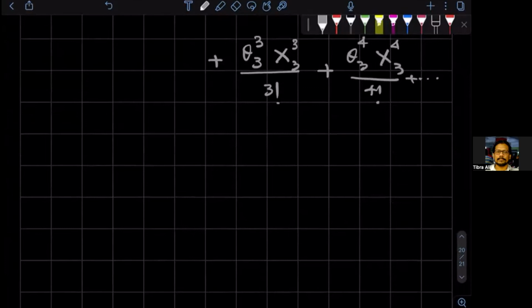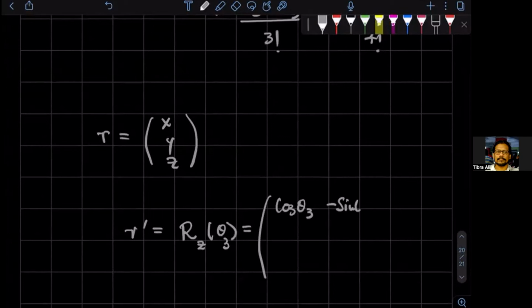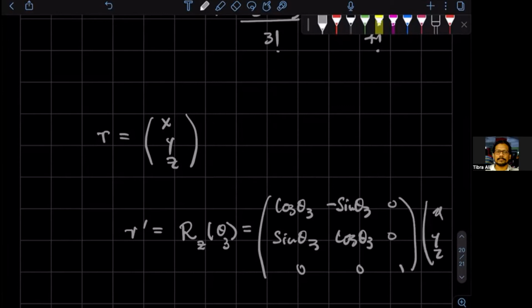So let's verify that. Let's take a vector r, so we have x, y, and z. And r prime is going to be R around z by angle theta 3, which is cosine of theta 3, minus sine of theta 3, 0; sine of theta 3, cosine of theta 3, 0; 0, 0, 1, acting on x, y, and z.